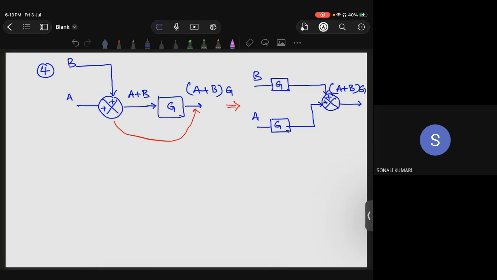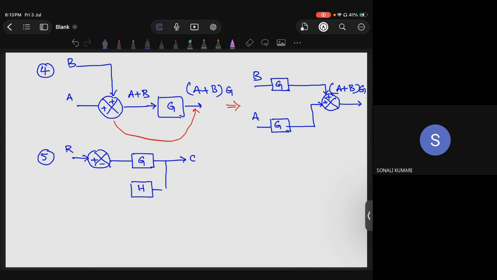Okay. So next, the important one. Let's say you have this simple system. Plus, minus. Let's say you have this R. You have G. Let's say you have C. And a simple closed loop system.